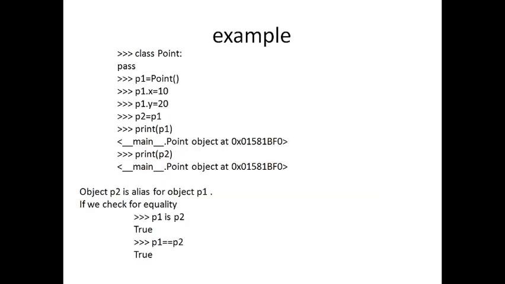One example we have taken here, class Point. We have taken class Point with pass, nothing inside the class. We have then created an object of the Point class, p1, with p1.x equals 10 and p1.y equals 20. We have created object p1 and the two attributes we have taken, x and y, and then p2 equals p1, that is the direct assignment I was talking about.